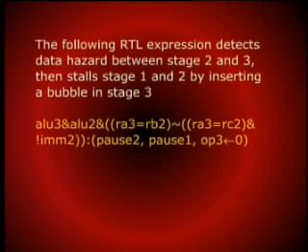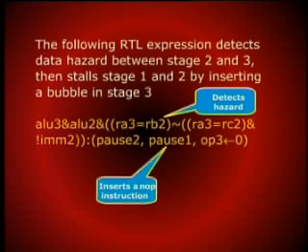After the colon, we see pause 2, pause 1, and commas indicate concurrent operations, and OP3 is loaded with 0, meaning that op code 0 is a no op operation. So we pause stages 1 and 2 and load an op code of 0, which is actually no op. So we insert a no op instruction as a consequence of detection.